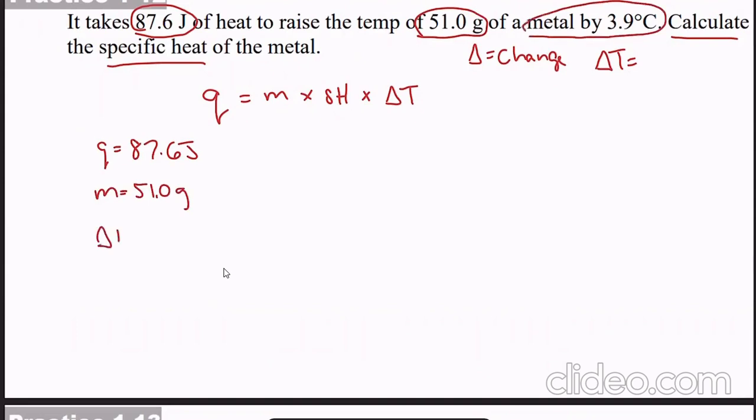So my delta T is 3.9 degrees Celsius. What we don't know is the specific heat, so that's what we're going to calculate.